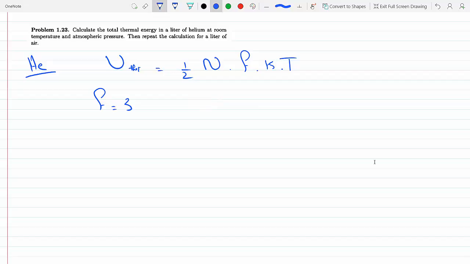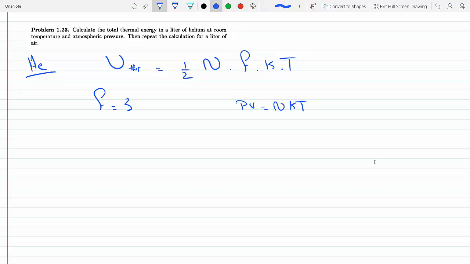We have the volume. This is an ideal gas, so we know that PV equals nRT. We know that the pressure is atmospheric, and so to find N, or we could just use NkT, right?